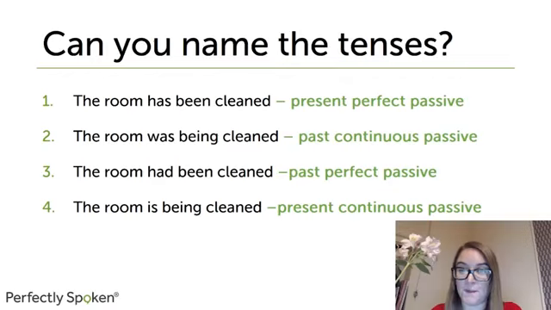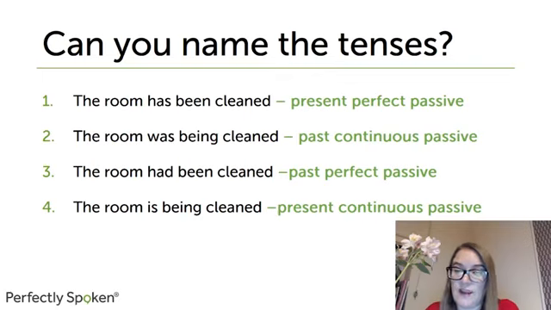Okay, how did you find that? Was that quite easy? Shall we check our answers together? Okay, so hopefully you have identified that sentence 1, the room has been cleaned, is present perfect passive. The room was being cleaned is past continuous passive.